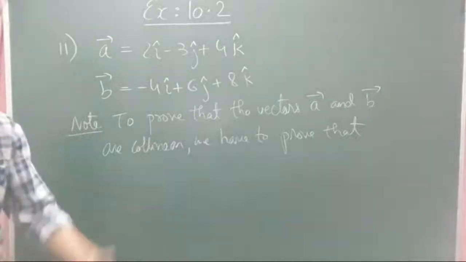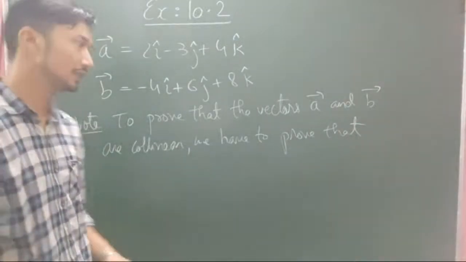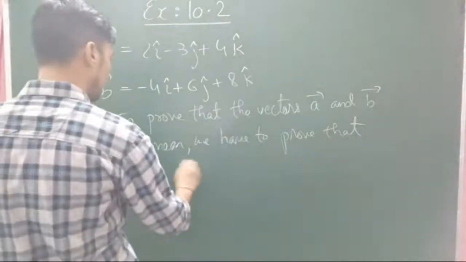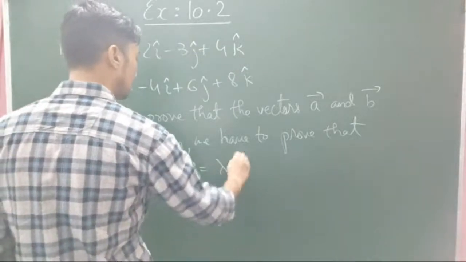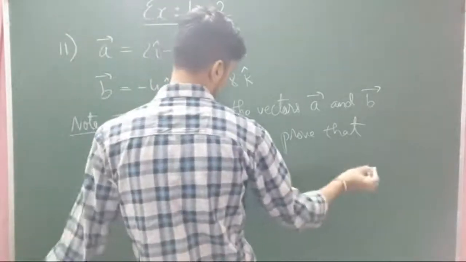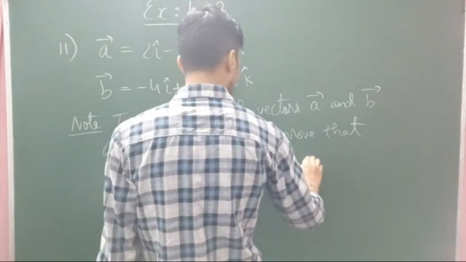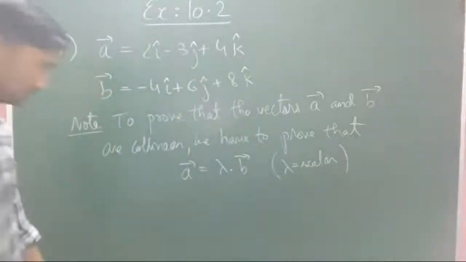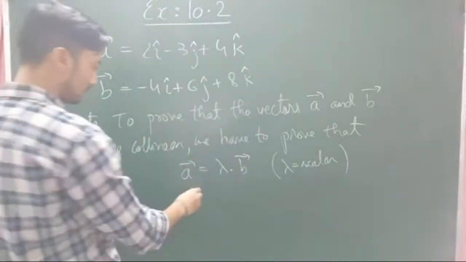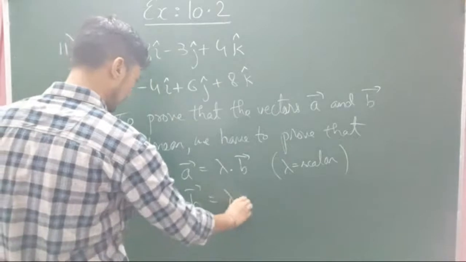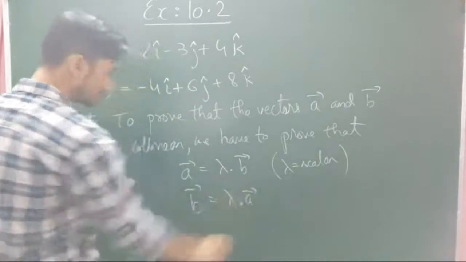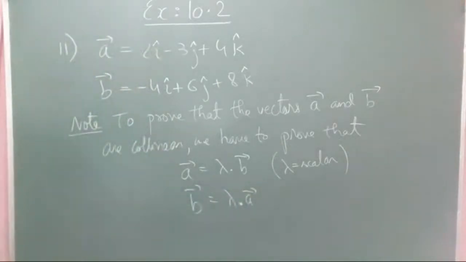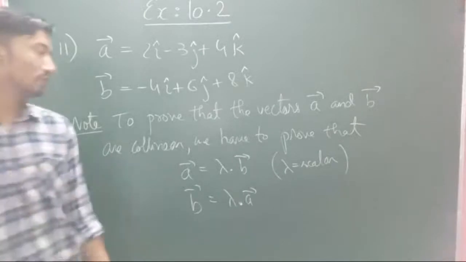It's not parallel, but directions can be different. Okay, we have to prove that vector A would be lambda times vector B, where lambda of course is a scalar. It can of course be vice versa also. Vector B can also be lambda times vector A, no problem. Then we can go ahead and prove that the two vectors are collinear.